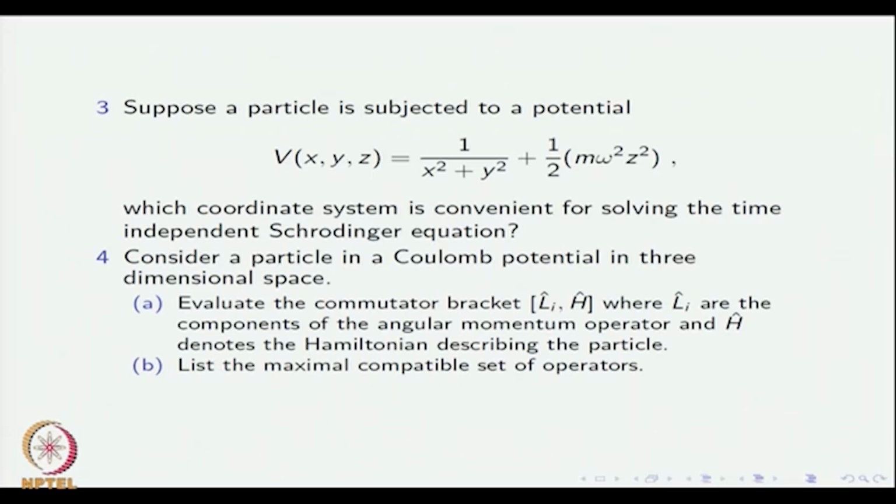Third problem: a particle is subjected to a potential which is given to you as 1 by x square plus y square plus half m omega square z square, in the Cartesian coordinate system.